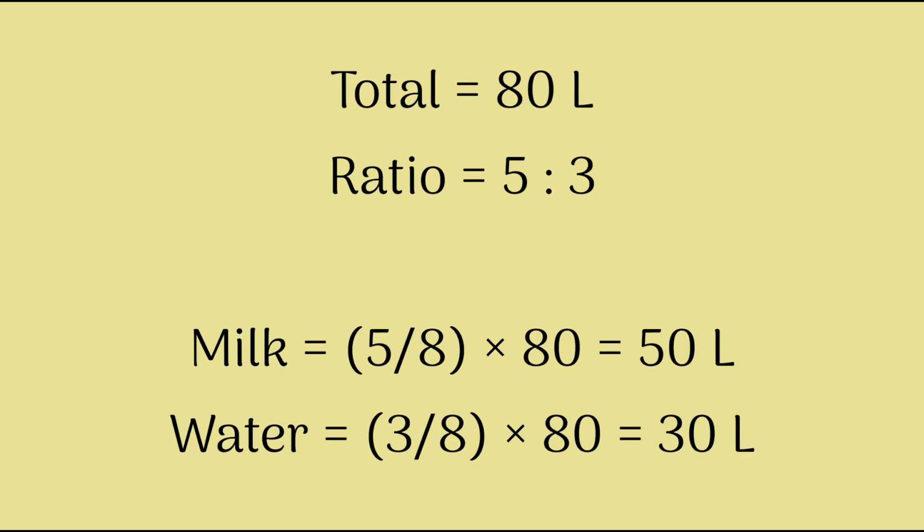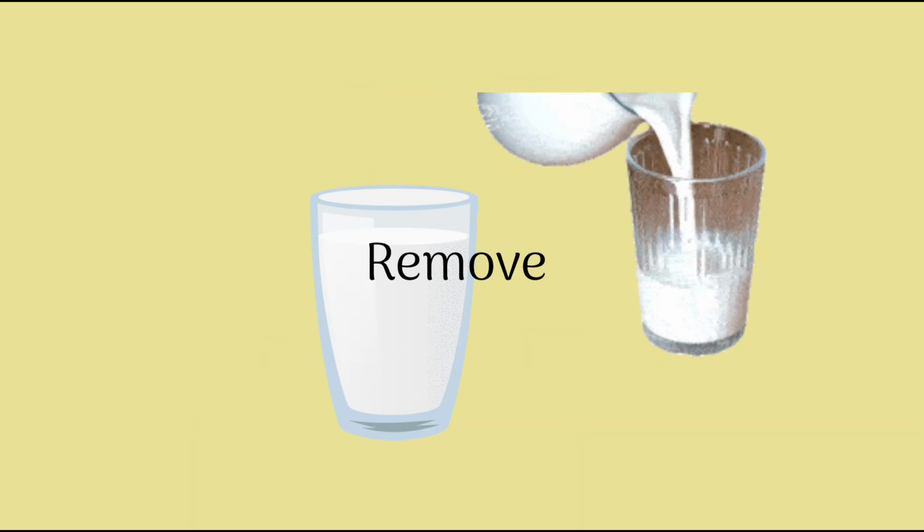For milk it is 5/8 into 80, and for water 3/8 into 80, which comes out to be 50 liters and 30 liters respectively for milk and water.